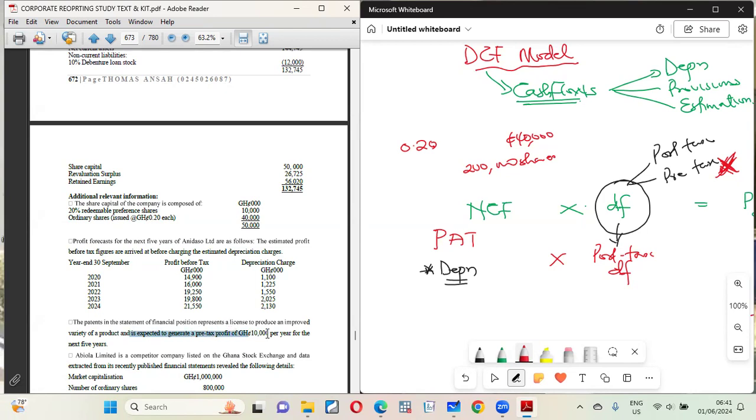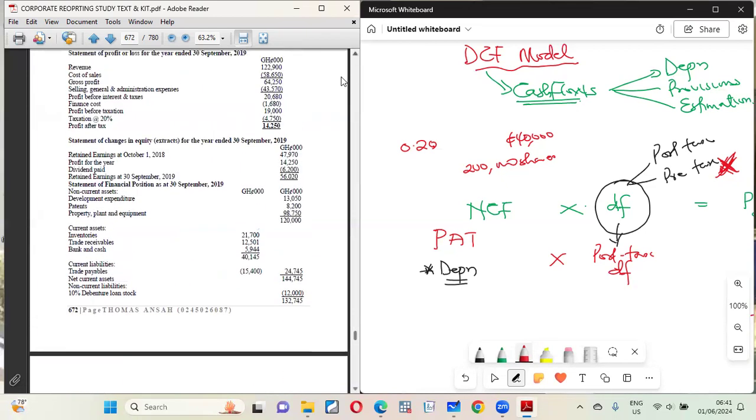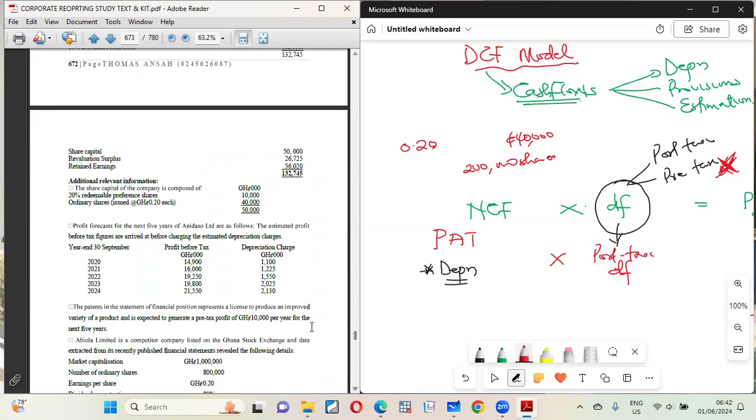So it means you need to capitalize the 10,000 and apply the annuity factor, PV it for the next 5 years, and you will solve this question. Even though the patent here is 8,200, ignore this one because it is internally generated, and apply this one.